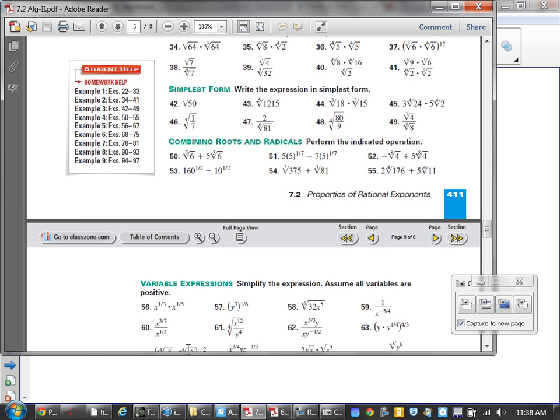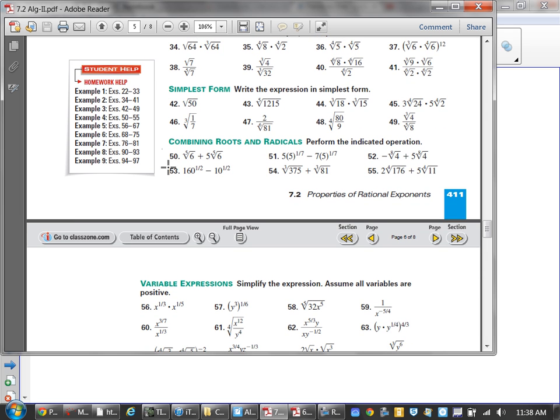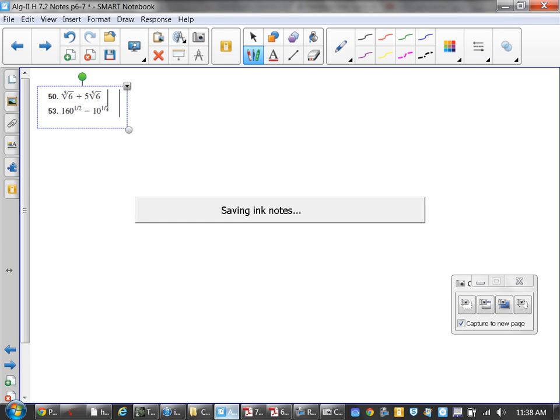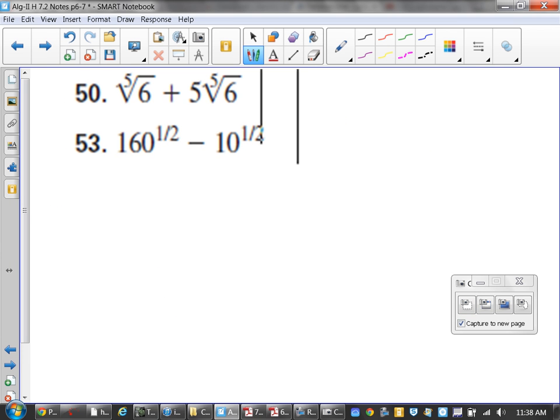When you get into the next grouping, think of it in terms of combining like terms. What's 3x squared plus 2x?